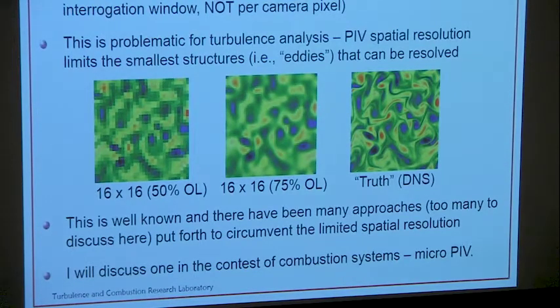But again, I do encourage you as graduate students and postdocs here to go reading. You have the opportunity to fill your head with a lot of the literature, and there are a number of outstanding techniques that use many methods, window deformation, et cetera, to increase the resolution of measurements.